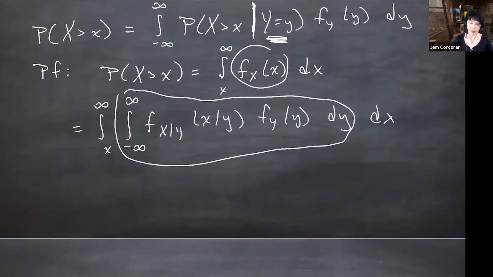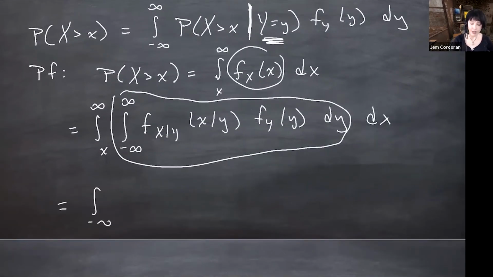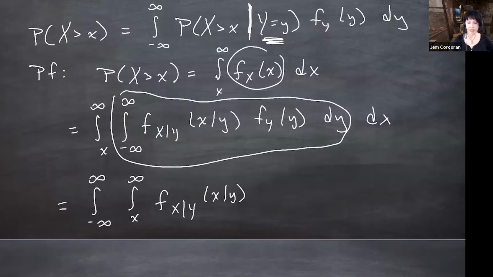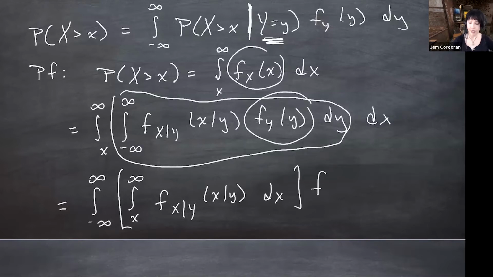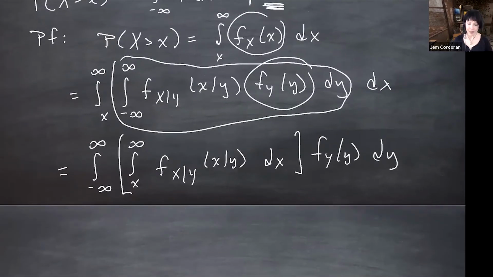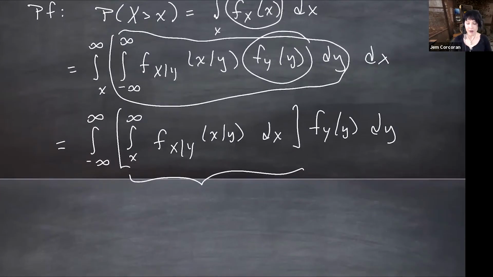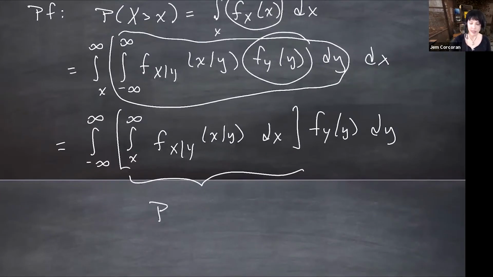And then if you interchange the order of integration here, if I'm integrating with respect to x first, I've got the conditional for x given y, and then the f of y, I don't need to integrate with respect to x. So let me pull that out here. The point was I changed the order, and this is how you compute the probability, right?